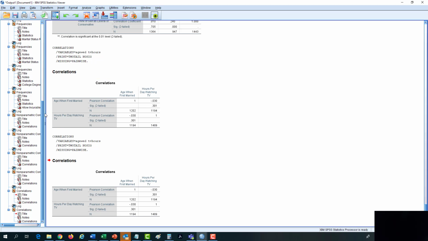So that's saying that as your age when you were first married goes up, the number of hours per day watching TV goes down. And look at the significance number, 0.301. That is not less than 0.05. So this is not a significant test.